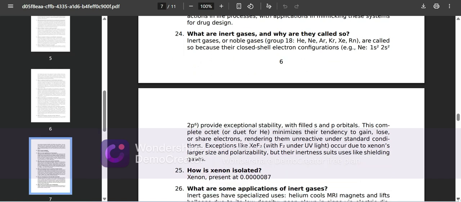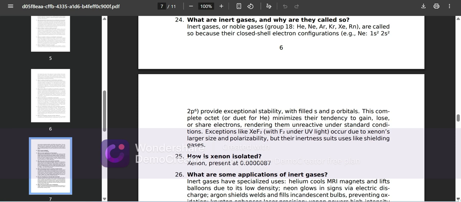What are inert gases and why are they called inert gases? Noble gases of group 18, helium, neon, argon, krypton, xenon and radon, are called so because they have closed-shell electron configurations. Example: neon, 1s2 2s2 2p6, provides exceptional stability with filled s and p orbitals.